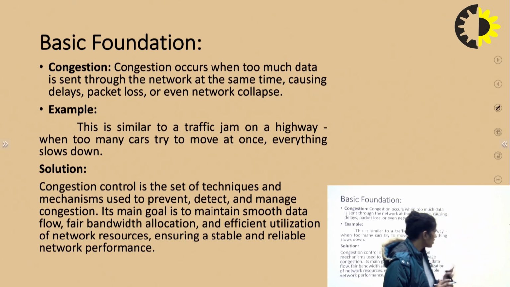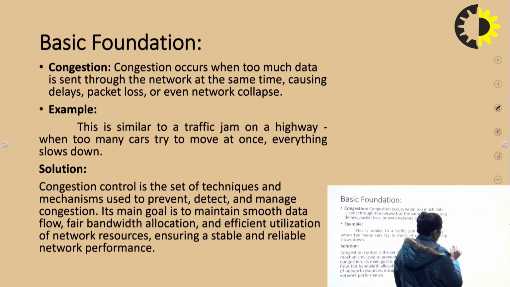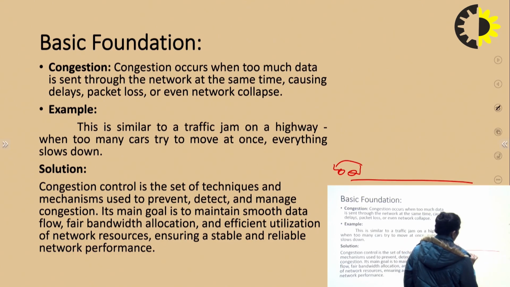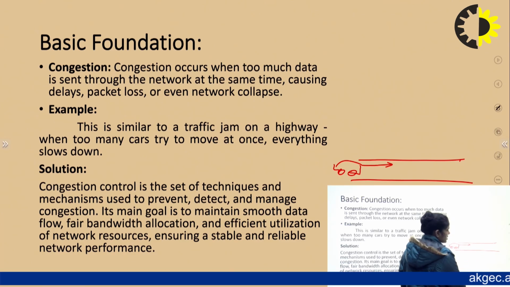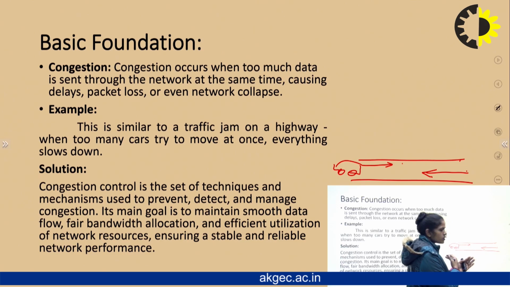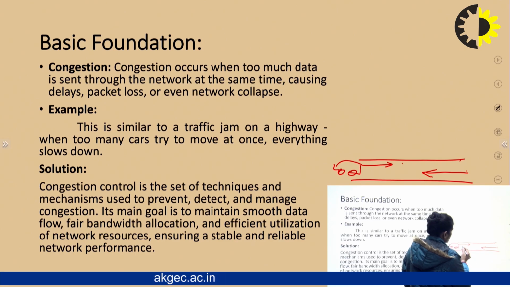How will it work? Taking an example, let's say this is a highway, and here we have only a single pathway, and one car is moving in this direction and one car is moving in this direction, but the space is not enough for both cars to pass each other smoothly, right?